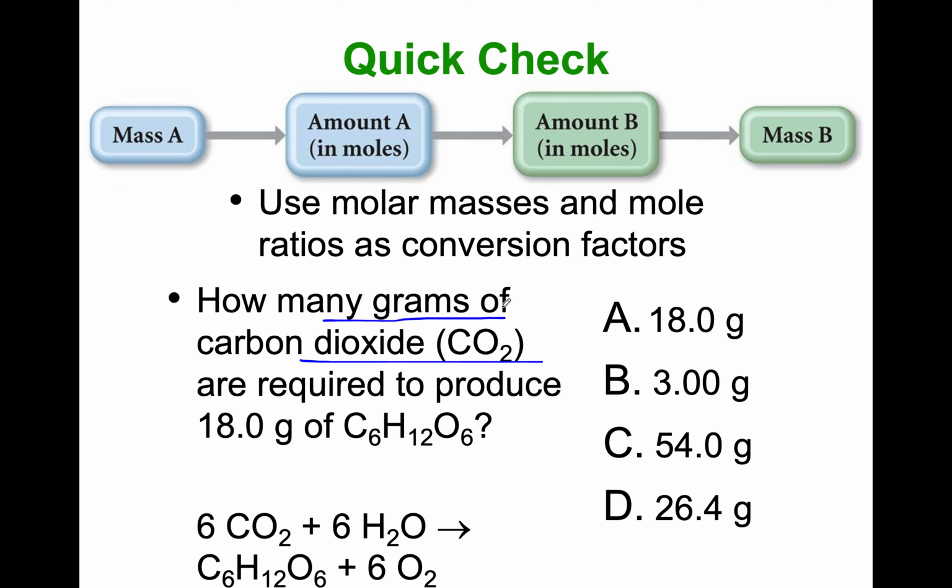And if you set this up, glucose grams to moles, and then mole-mole conversion to carbon dioxide, and then grams of carbon dioxide, you should get 26.4 grams carbon dioxide.